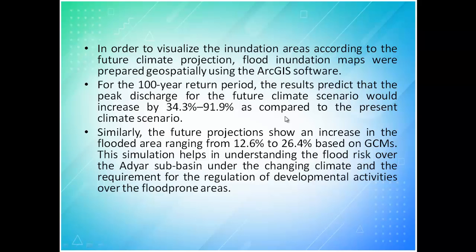With this software they are able to predict for the next 100 years, and they predicted a climate scenario change from 34 to 91 percent compared with the present climate scenario. They concluded that the flooded area, now around 12% of the affected region, may increase to 26.4%.